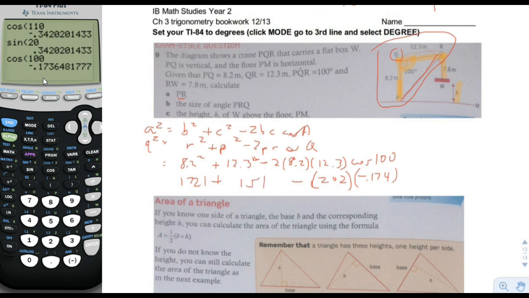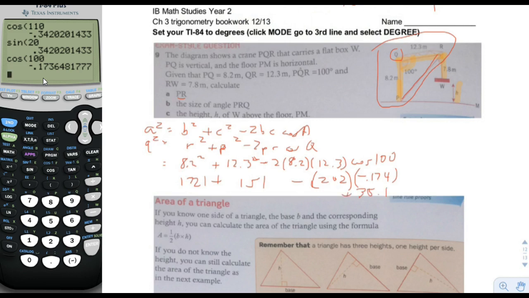So we have 67.24 plus 151 minus 202 times negative 0.174, which is 35.1.